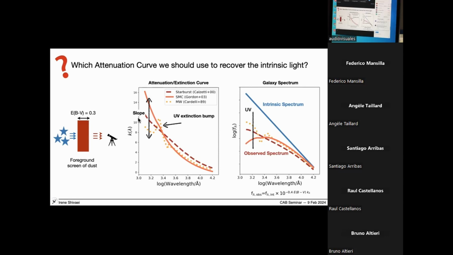The even more significant importance of these variations is that they will affect our UV observations, which at very high redshifts is often the only part of the spectrum that we have. So that's why correcting for the attenuation is the major significant uncertainty in high redshift observations.